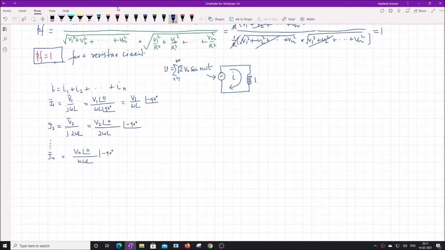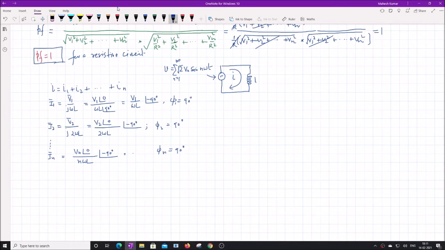So you see, each harmonic component of current lags the respective voltage by 90 degree. Therefore, phi 1 is 90 degree, phi 2 is 90 degree, and so on.